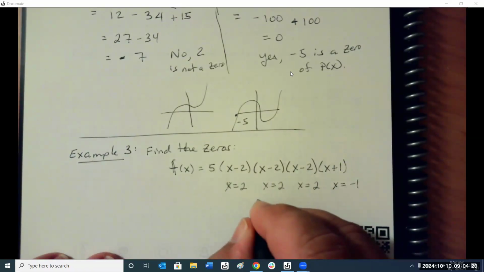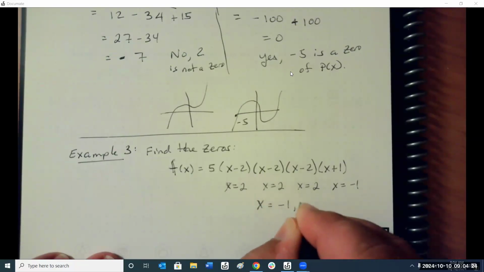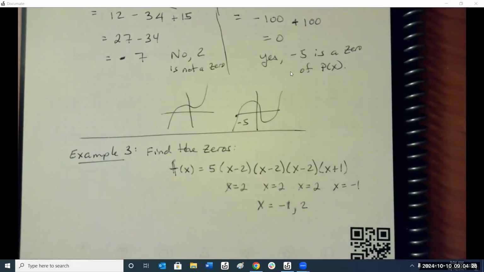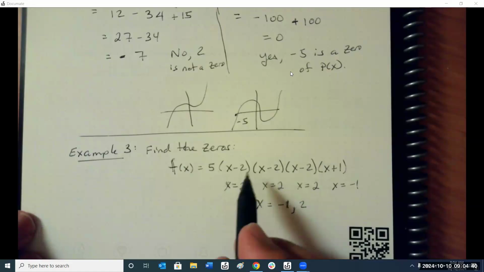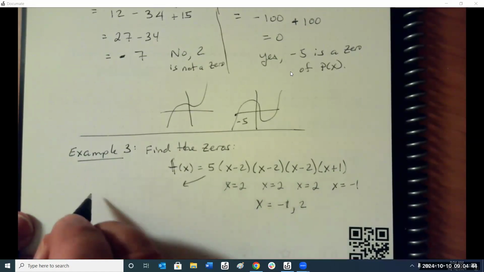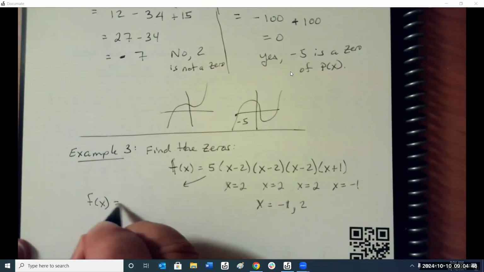So our zeros are at -1 and 2. Those are my zeros. But now we get something very interesting about these types of equations, because we could have rewritten this equation much shorter.